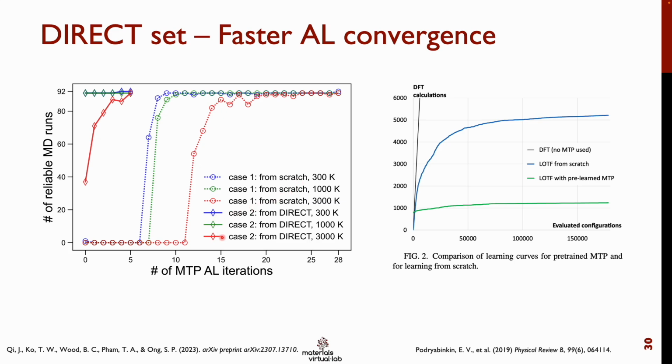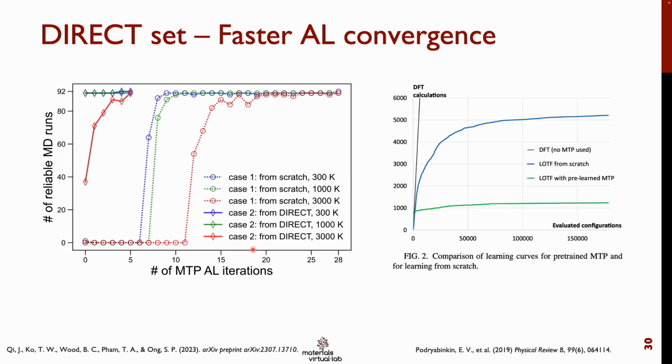And the other case, which is case 2, is starting from the direct data set. And you can see that for starting from scratch, it takes 28 active learning iterations to get to a stable MTP that can complete all the 274 MD scenarios.